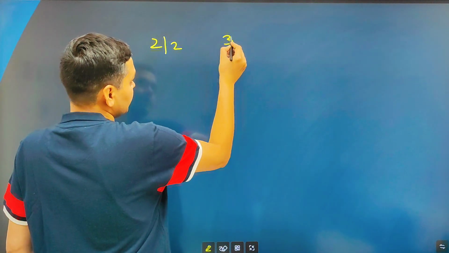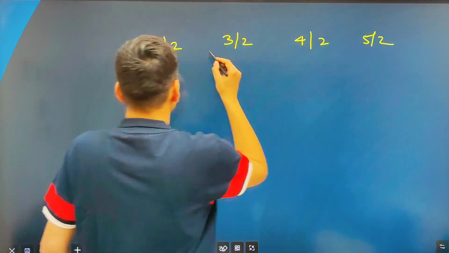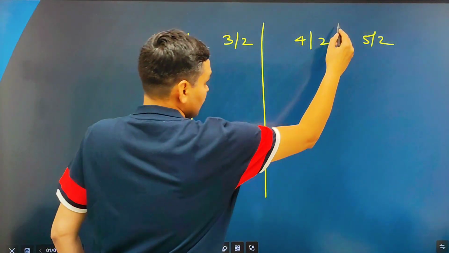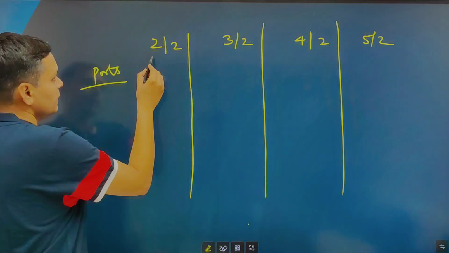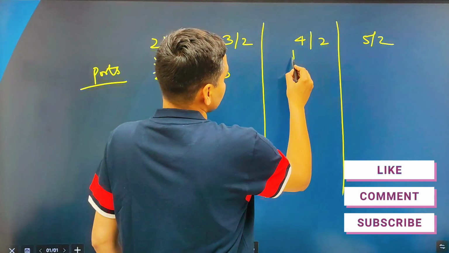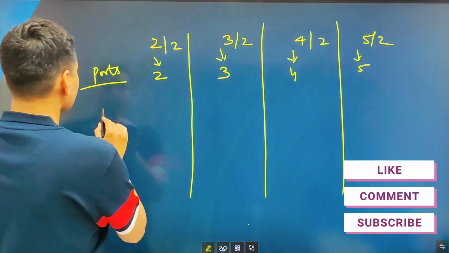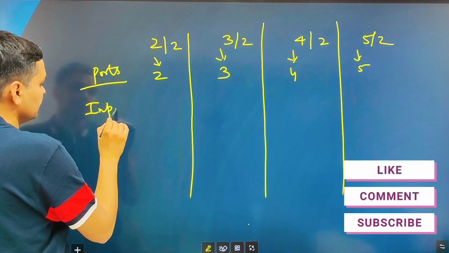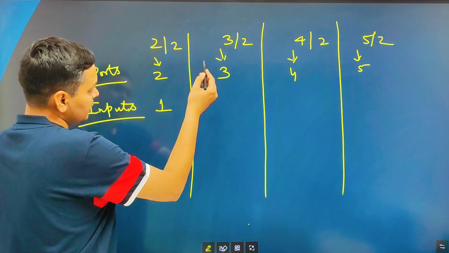Now friends, we will make a table so that you can understand easily. 2x2, 3x2, 4x2 and 5x2. If we talk about the ports, this will have 2 ports, this will have 3 ports, this will have 4 ports, and this will have 5 ports. If we talk about inputs, all valves will have 1 input.